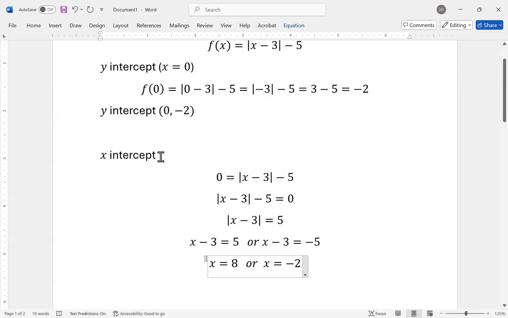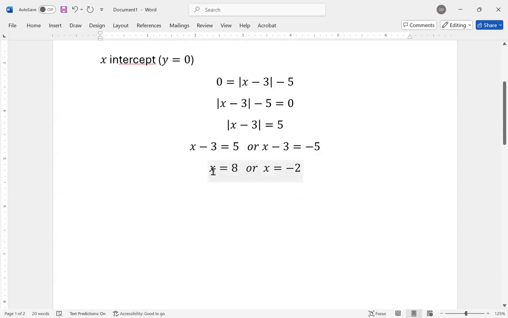So what I have here is, first off, the way I found the x-intercept is I plugged in 0 for y. My output has to be 0. And I found two values that if I plug them in, give me a 0. So these two values of 8 and -2 are the zeros of this function.